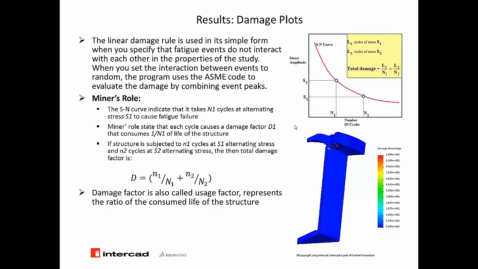Therefore, if your structure is subject to N1 cycles at S1 and N2 cycles at S2, meaning different values of alternating stress, then the total damage is the addition of damage 1 and damage 2. That is a linear combination of damage caused by different values of alternating stress.